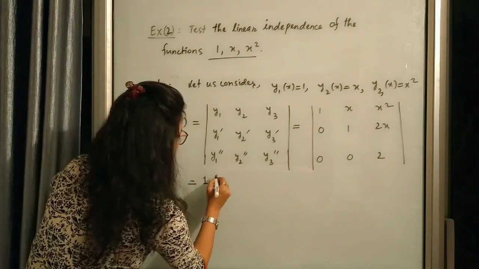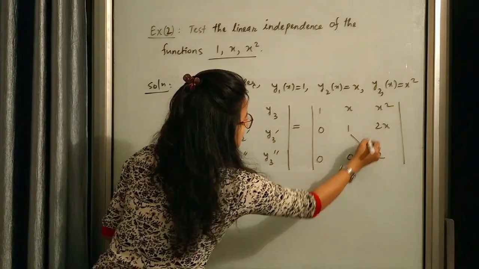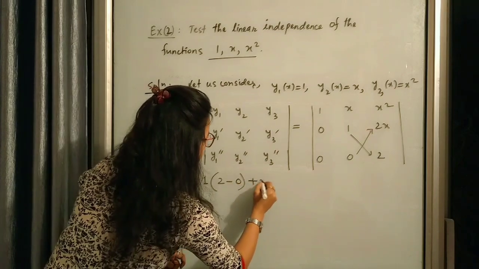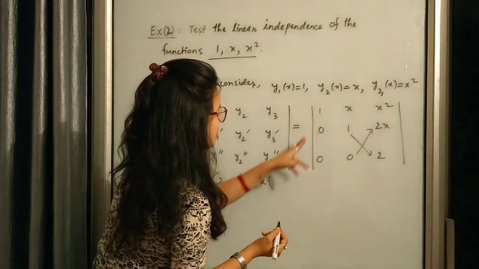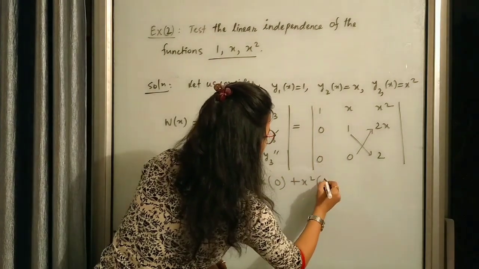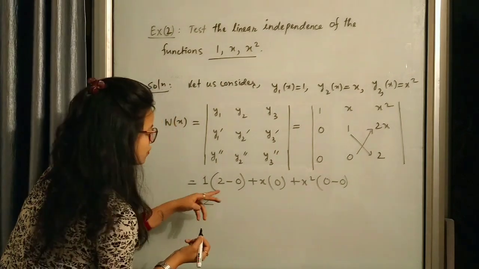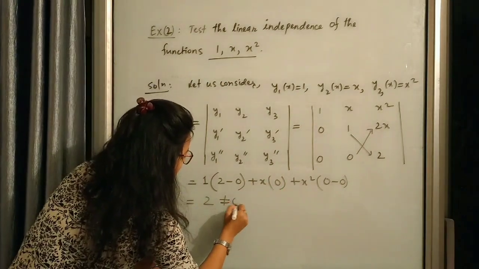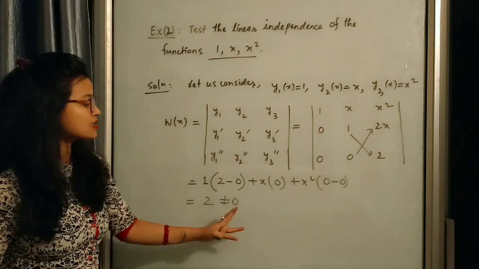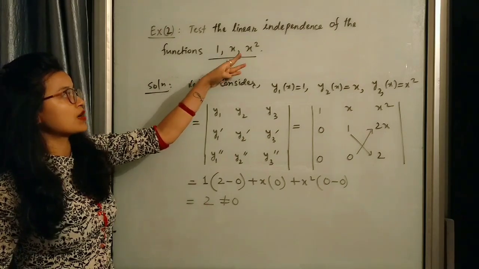So 1 into 2 minus 0 into twice x, so 0 plus x, 0 into twice x minus 0 into 2, that is 0, plus x square, 0 into 0 minus 0 into 0, so 0 for that part. That means we have 2, 1 into 2 after simplifying, again non-zero. That means the Wronskian does not vanish identically, therefore the functions 1, x, x square are linearly independent.